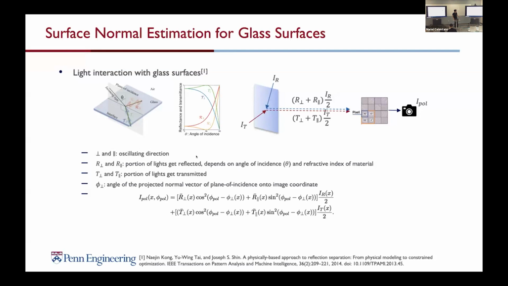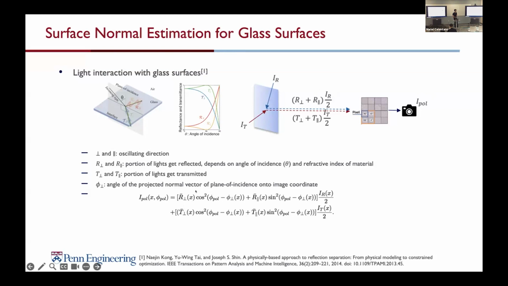Since we're looking at a polarization camera, we assume that the light intensity after being reflected and transmitted by a glass surface passes through a polarizer array and is received by our camera. So we write down the polarization intensity as I pol, and we can calculate it with the following equations.